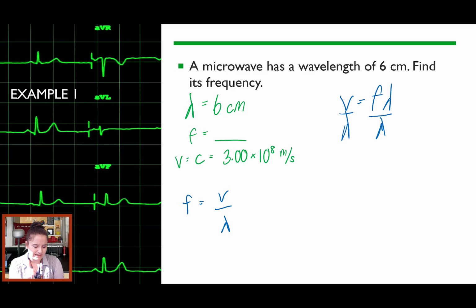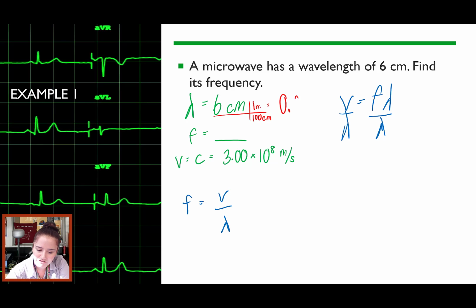But I'm not quite ready to plug in yet. Why not? Well, I need to convert. I have my velocity in meters per second, but my wavelength is in centimeters, and I need those units to match up. Two different ways you could think of this conversion. First, the classic way, where we know that there are 100 centimeters per each 1 meter.